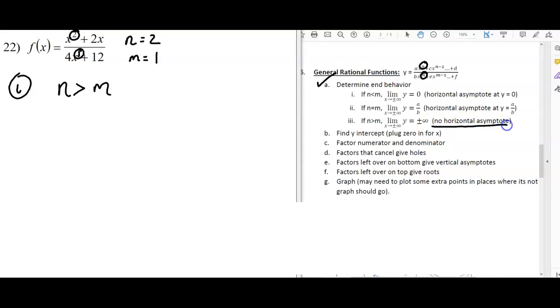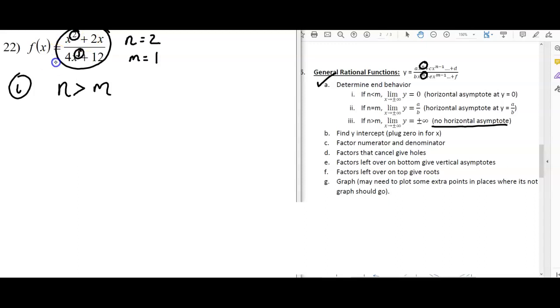Now, when that happens, there is no horizontal asymptote, so we're going to have to figure some stuff out here, and this part requires a little bit of work. What we're going to do is take our function here, and plug in infinity and negative infinity, and we did this a little while ago.